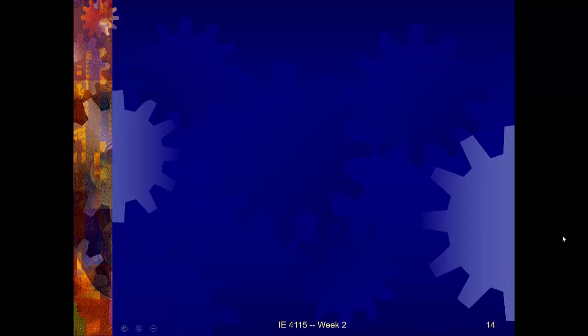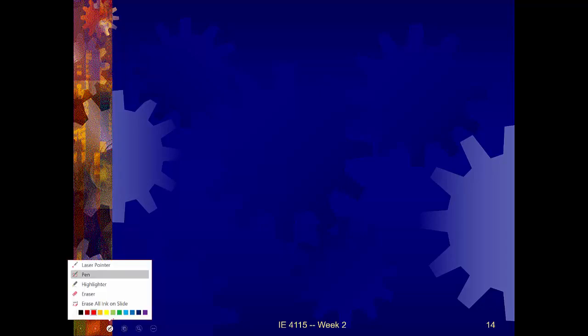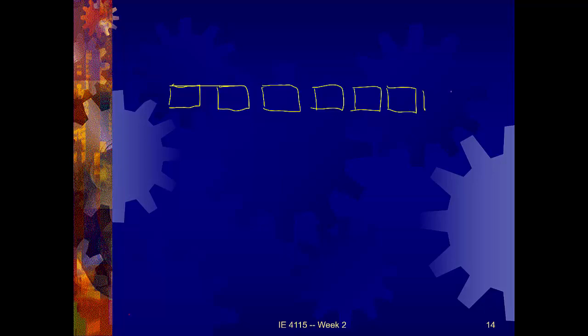Okay, to think about that problem, let's do some drawing. Consider this is the lace queue. It has 8 spots: 1, 2, 3, 4, 5, 6, 7, 8. 8 spots representing its 8 capacity.